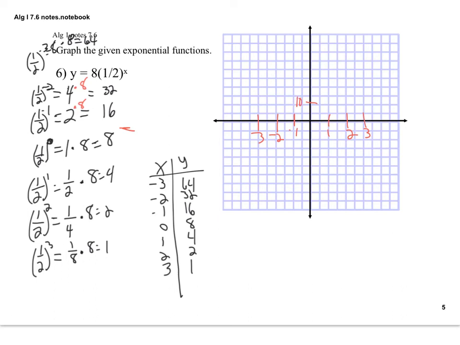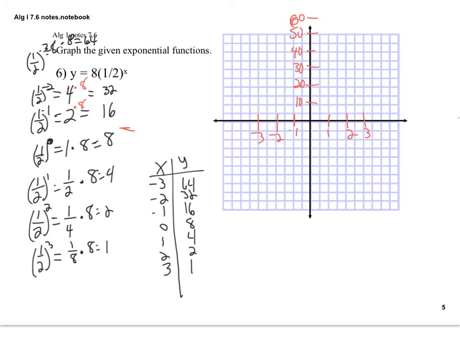I've got 10, 20, 30, 40, and 50, and I'm not going to fit it. Let's call this 60. 60 doesn't want to show up. There we go. All right, so I've got -3 and 64.